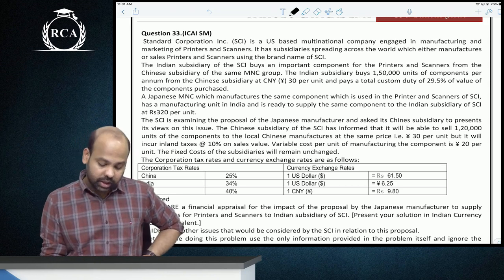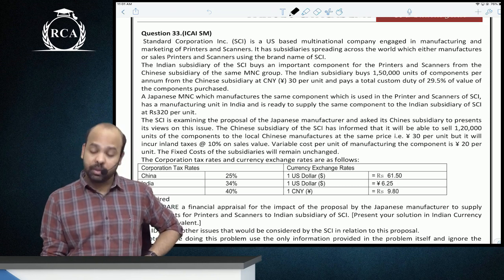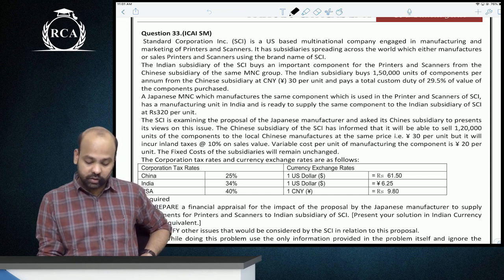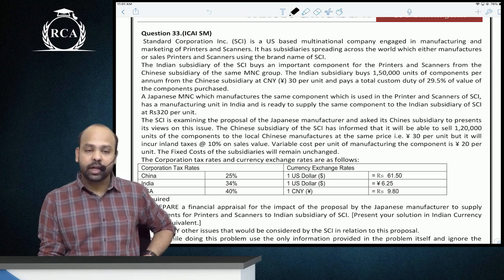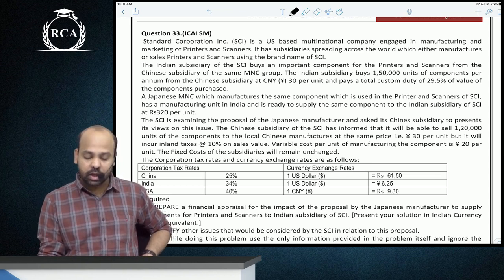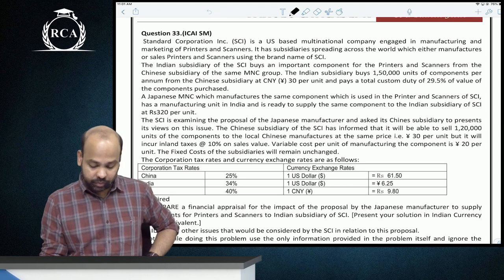Standard Corporation Inc. is a US based multinational company engaged in manufacturing and marketing of printers and scanners. It has subsidiaries spreading across the world, which either manufacture or sell printers and scanners using the brand name of SCI.